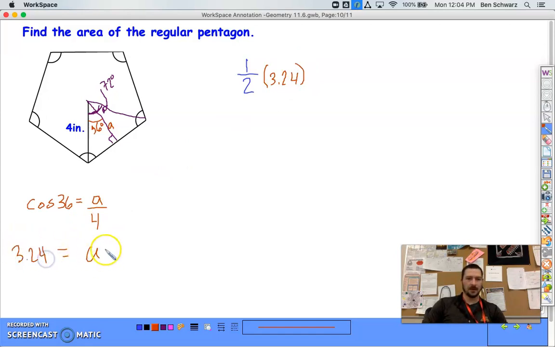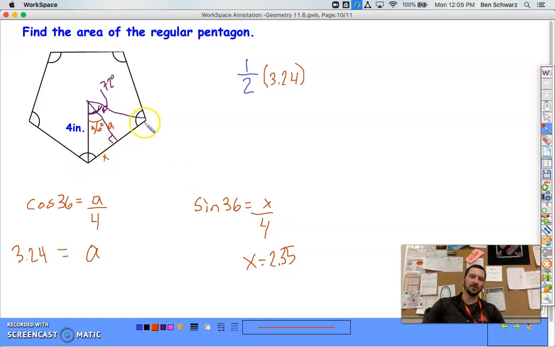All right. And then the last thing we need is the perimeter. So now we need to find this guy here. A couple things we could do. We could do sine 36 equals x over 4, or we could do the Pythagorean theorem. Either way, I'm going to do sine. So sine 36 equals, I'll call this guy x, over 4. So now I take 4 times sine 36 and get 2.35. And that's half a side.